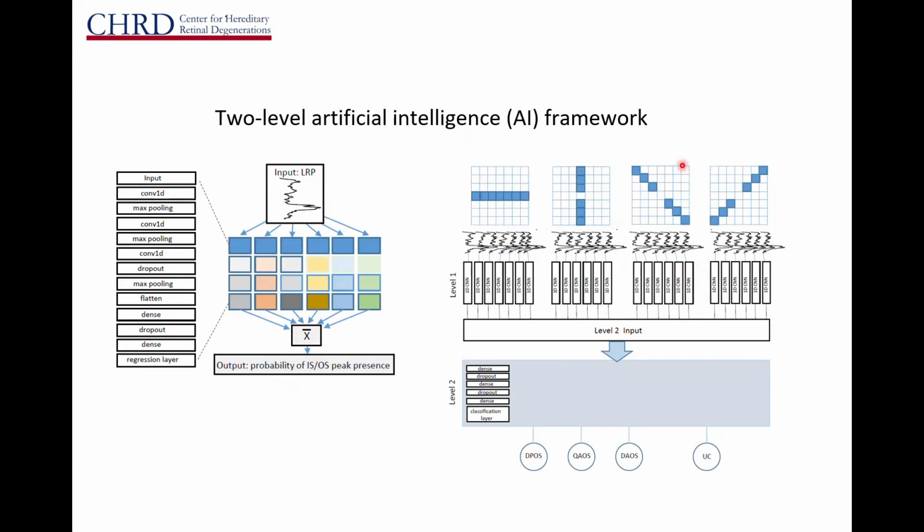It takes these probabilities as input, looks at the spatial region around it, and outputs a quaternary map, or a quaternary result, at each pixel. Three of them are the three outer segment disease criteria: definitely present, questionably absent, or definitely absent. And if it cannot decide between them, it provides an output that is unclassifiable.